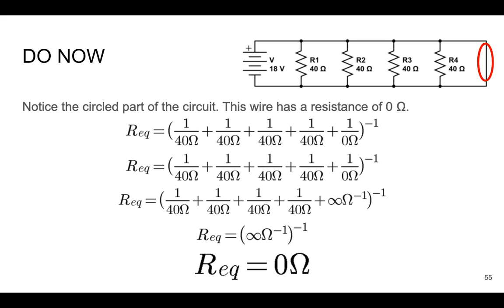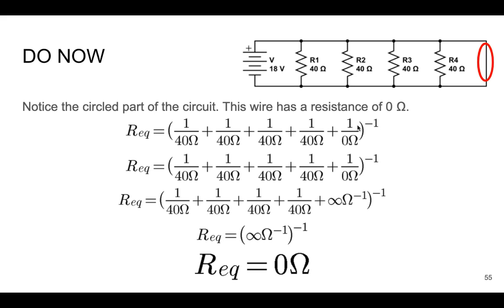If you're looking at that first circuit, it seems like we have a bunch of 40 ohm resistors in parallel, but the problem is at the very end, the part I've circled up here in red, you just have a wire. So essentially you have 4 40 ohm resistors in parallel with a resistor of 0 resistance, because the wire ideally has 0 resistance.